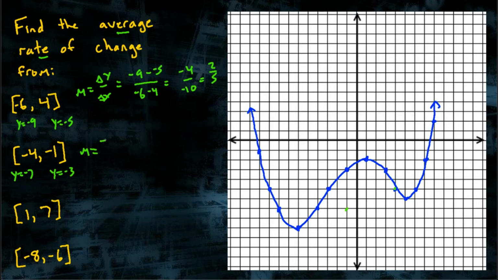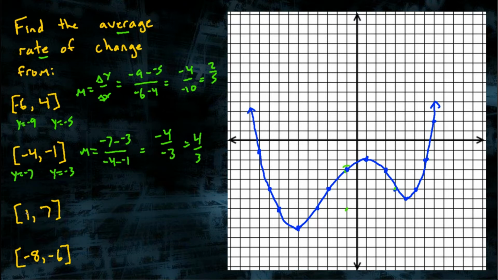So -7 minus -3, all over -4 minus -1, gives me -4 over -3, which is 4/3. So that means if I go up 4, right 3. 1, 2, 3, 4, right 3. 1, 2, 3, and yeah, I'm right there at that point.